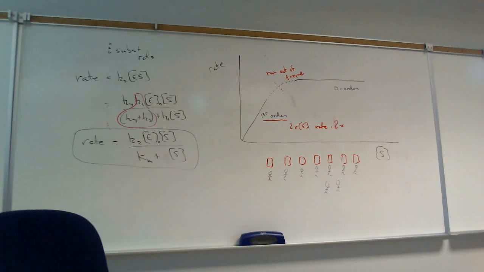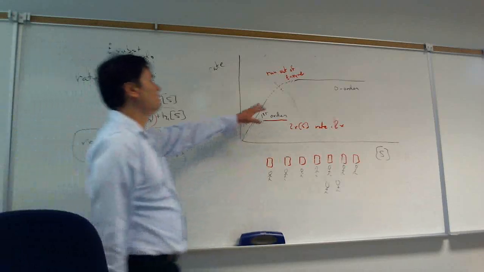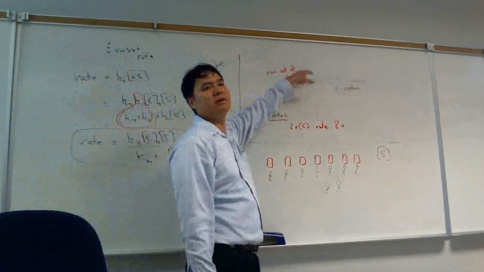It means that S is big relative to Km, and Km is negligible. If Km is negligible, then the S's cancel each other out, and we get zero order in S, first order in enzyme. And so the only thing we could do to speed up the reaction here is just double the enzyme or increase the amount of enzyme.